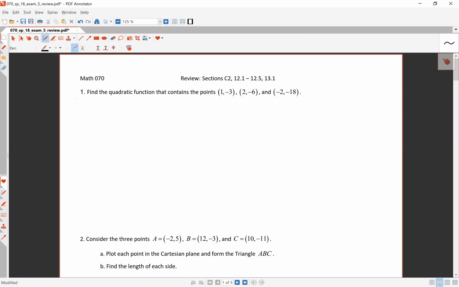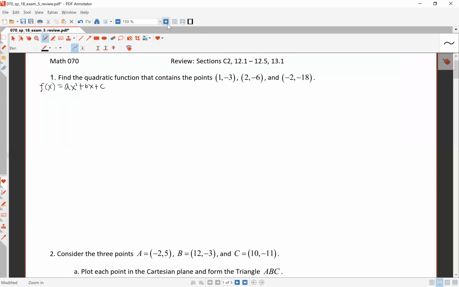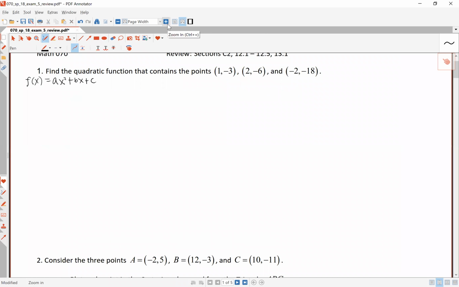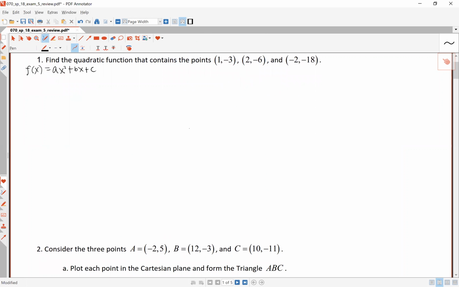A quadratic function takes on the form f of x equals ax squared plus bx plus c. To determine the quadratic function, we need to find a, b, and c. We know that f of 1 is -3.